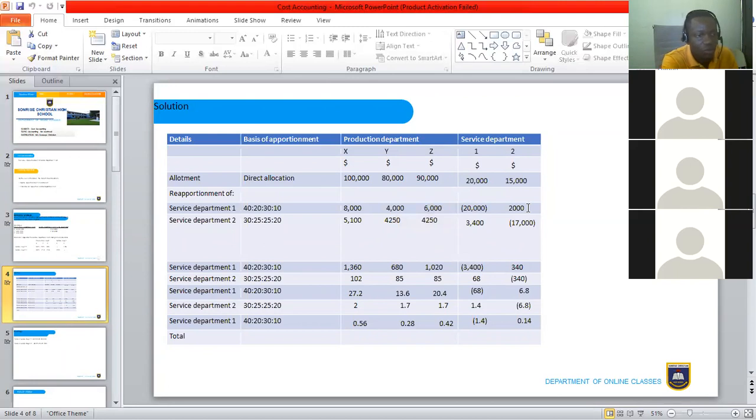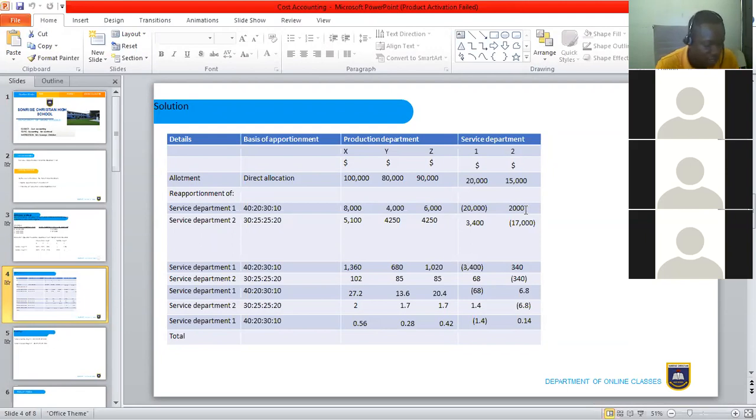Please, if you have any question about how we came about the solution, you may ask before we move on to service department 2. If there's no question, then let's move on.